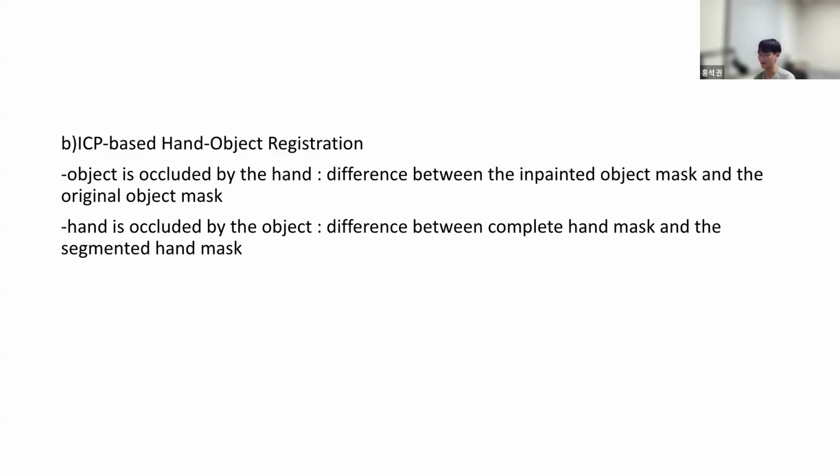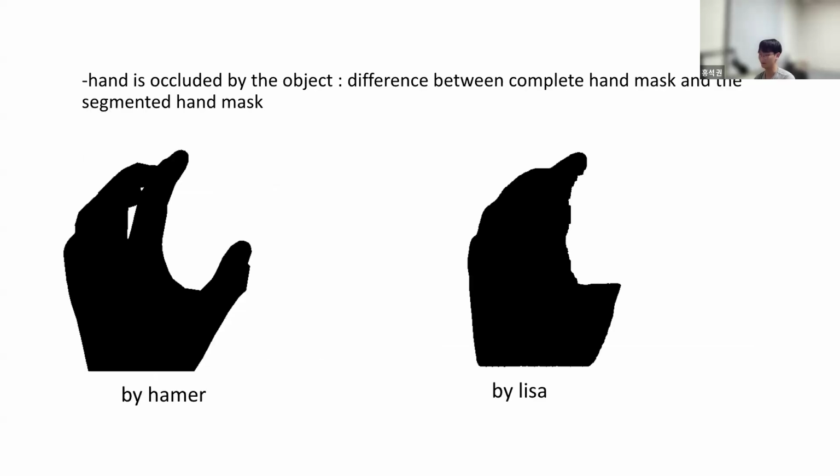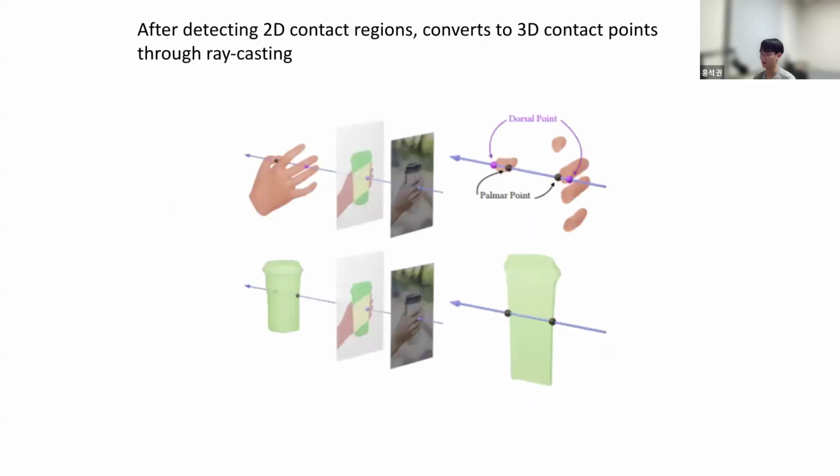And the second case is when the hand is occluded by the object. We use the difference between the complete hand mask and the segmented hand mask. Hammer provides the complete hand mask and Lisa's is the original. By getting these contact masks, they recover 3D contact points via ray casting to hand and object geometry separately.